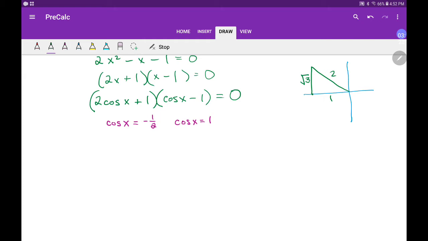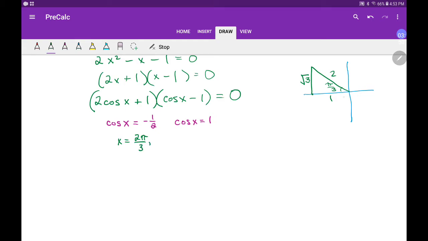From my reference triangle, I remember that. And I say, well, let's see, what's the one that opens up? Oh, that's 60, right? So I'll say pi over 3 for 60, but I really know that x is equal to 2 pi over 3 because I'm in quadrant 2.